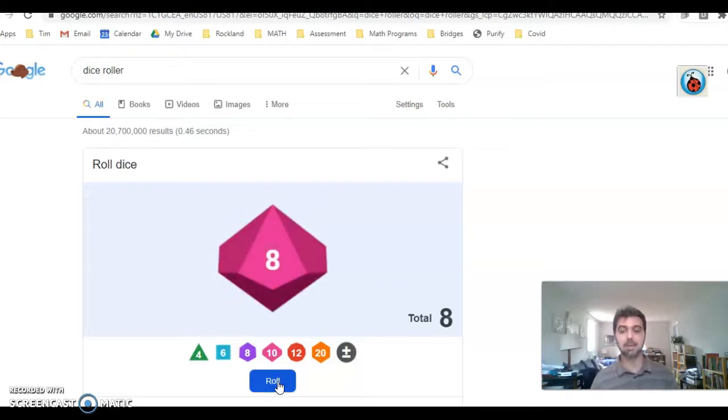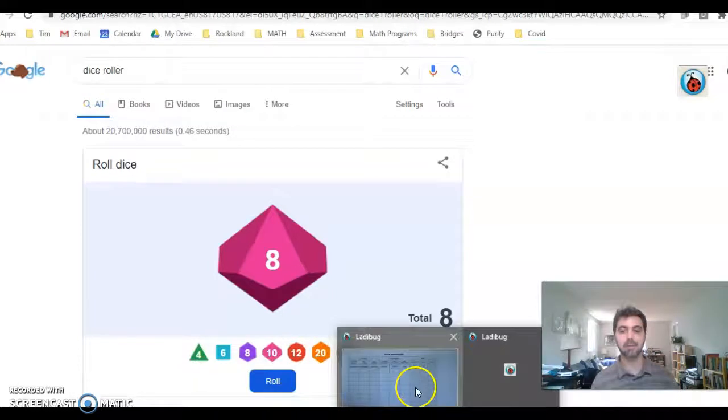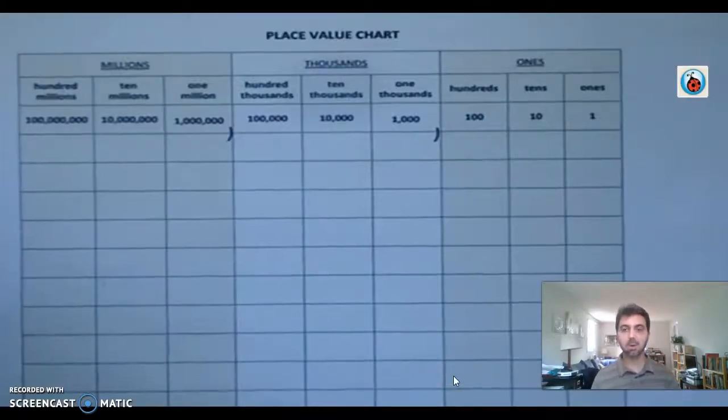An 8. Okay, so let's go back to our place value chart. The way to win this game is by making the largest 4-digit number that we can make.